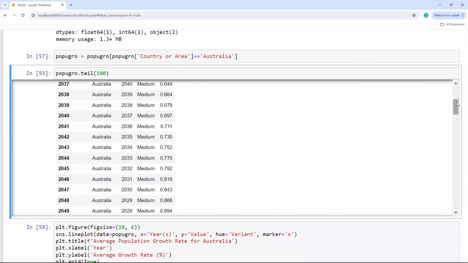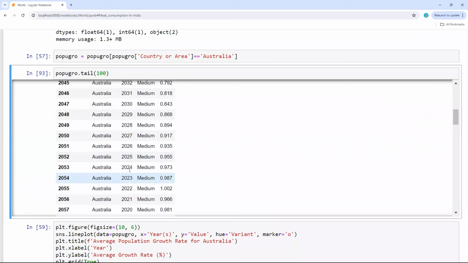So in 2024, the population rate is 0.9%. It is the same in 2023 and 2022, and the population growth has increased.